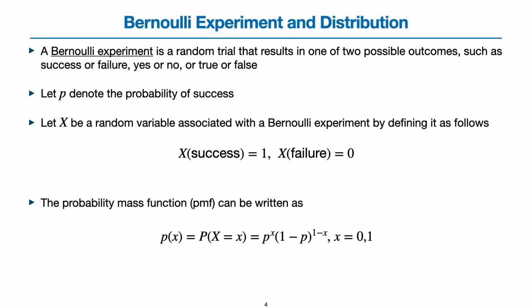So in order to show the probability mass function for this, we actually have a very simple trick. We can write this as p to the power of x, times 1 minus p to the power of 1 minus x. And this works because x here is 0 or 1. So if x equals 1, then we get p to the power of 1, which is p.